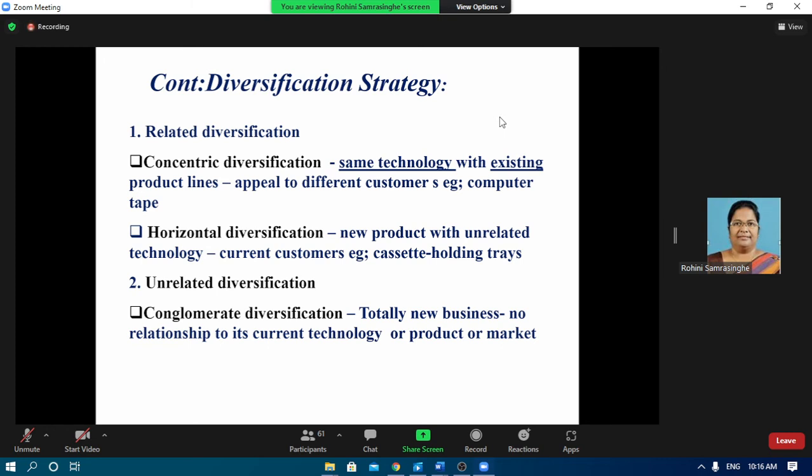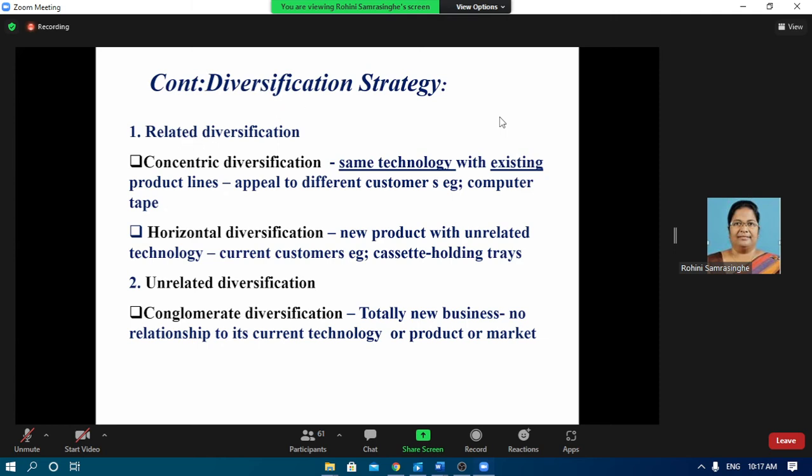Even car manufacturers, not only restricted to car manufacturing, are going to introduce a three-wheelers business using the same technology. So these are the different examples I wanted to tell you relating to concentric diversification.